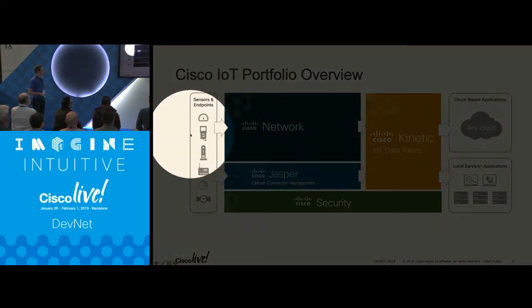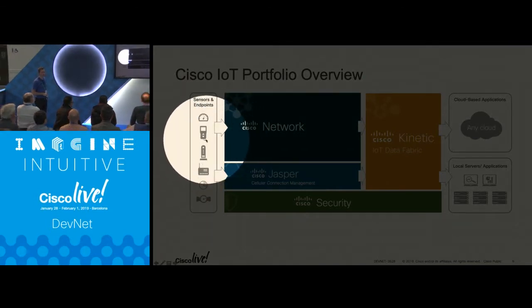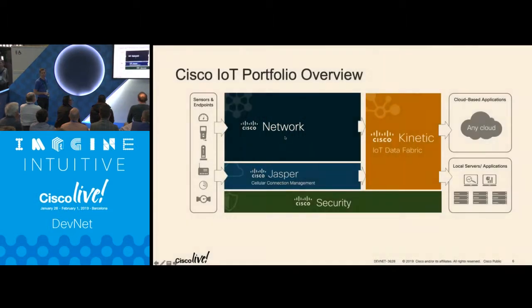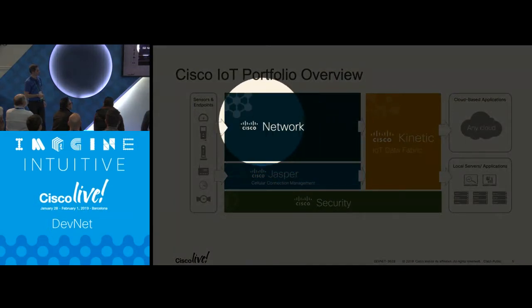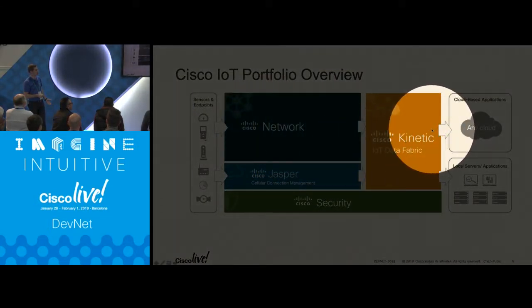So what do we have here? This is the typical architecture. On the left side you have the sensors. It's always like that. The sensors are connected to the network. The network will transmit the data somehow to Kinetic. This is just a sample architecture, right? This is not always the case. But the network will transmit the information to Kinetic, and we're going to talk about what Kinetic really is all about.